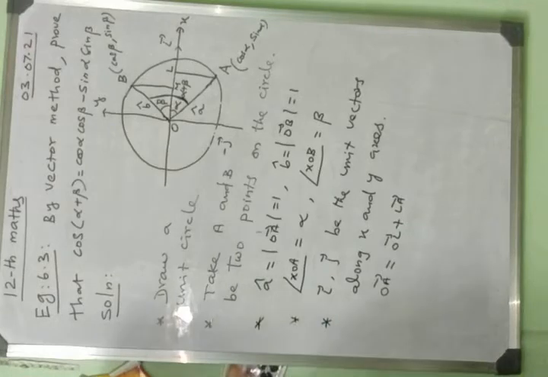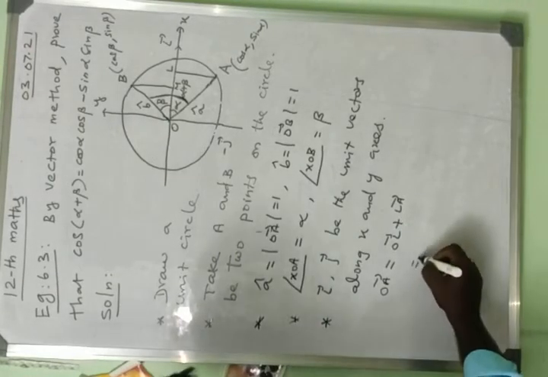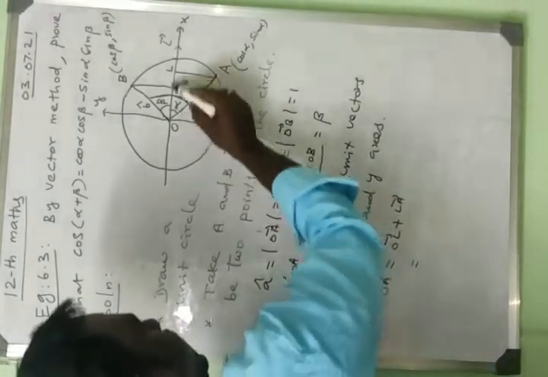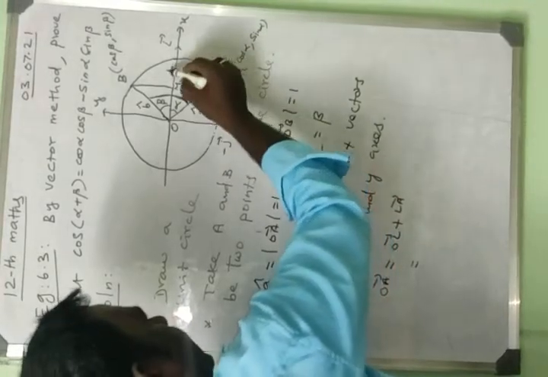So what is the OL value? OL is the X value, OL along the X axis, LA along the Y axis.